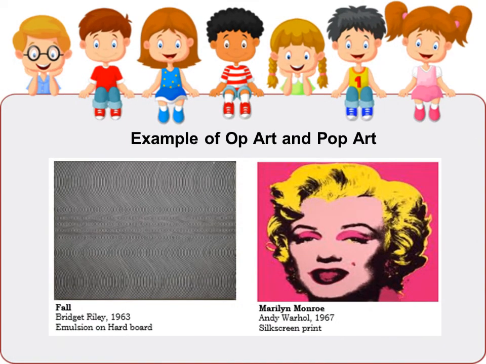The pictures on your screen show examples of op art and pop art. The first painting is by Bridget Riley, called Hall. Next we have the Andy Warhol painting, called Marilyn Monroe.